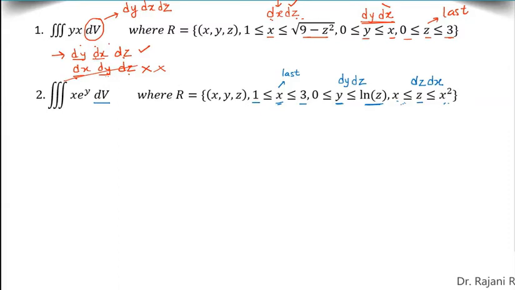So one way is like I explained in the earlier example. X is at the end. So here it can be dy dz or dz dy dx. Check dy dz, is it satisfied? Here it is satisfied, the first one? No. So we have this order of integration in this case.